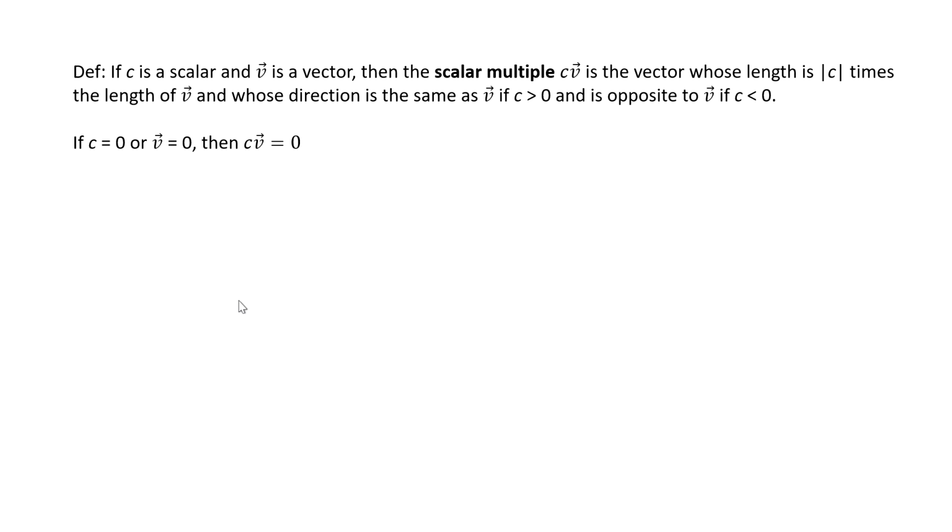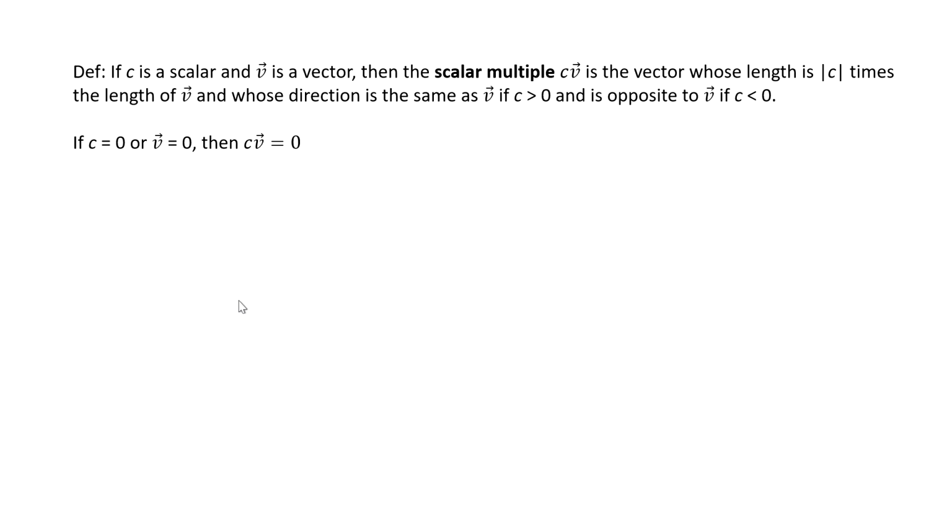Next, ooh, a long definition. Definition: if C is a scalar and V is a vector, then the scalar multiple CV. Okay, there's something called scalar multiple. C is a scalar. The term scalar is a bit more complicated in upper level courses.